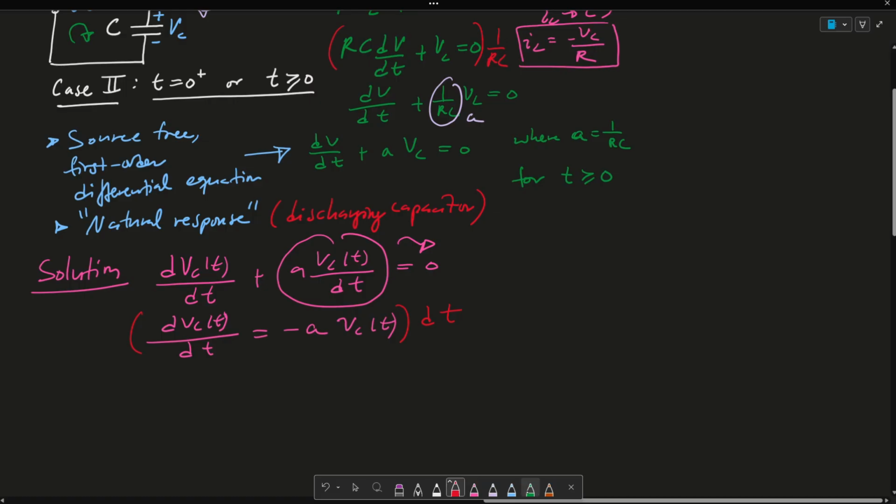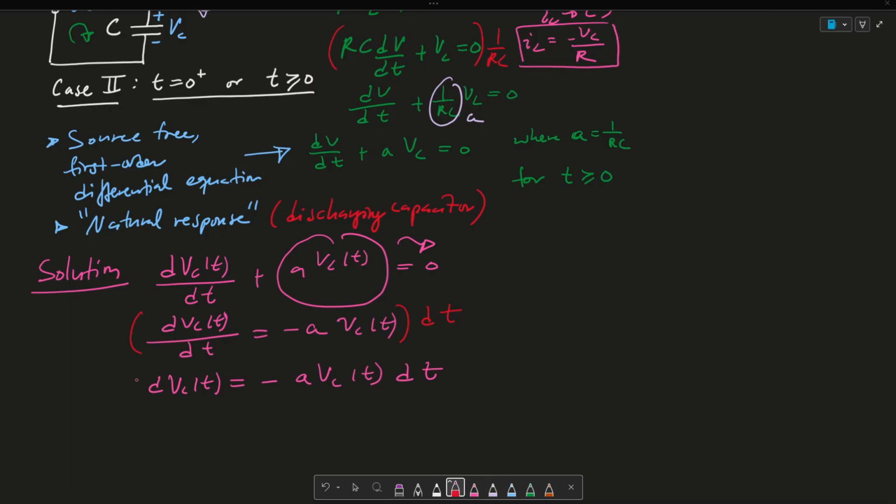I made a mistake here, this should not be a dt underneath there. So when you multiply both sides by dt, you get dVC(t) equals minus A VC(t) times dt.